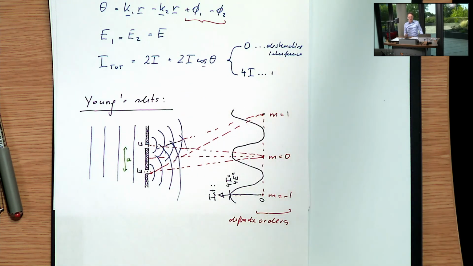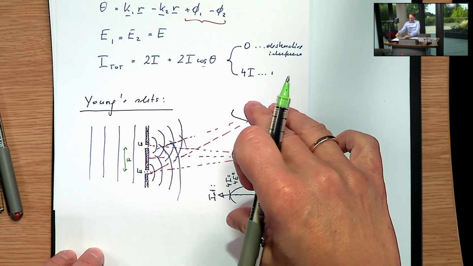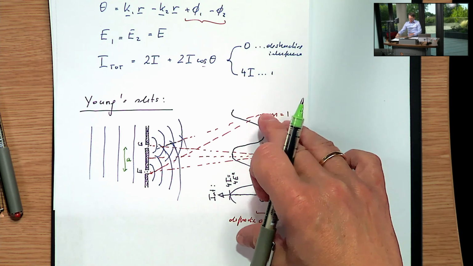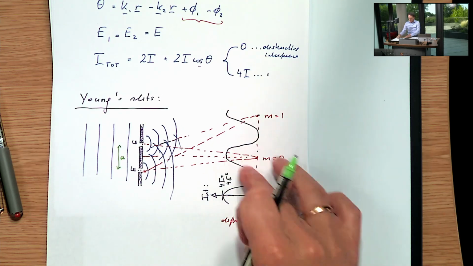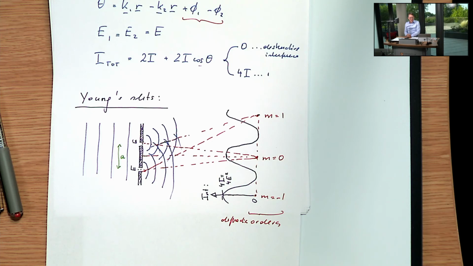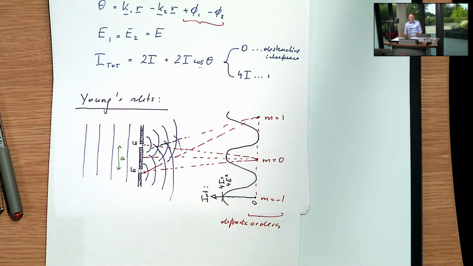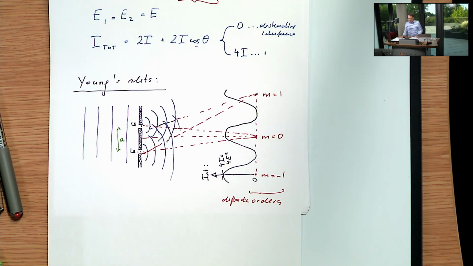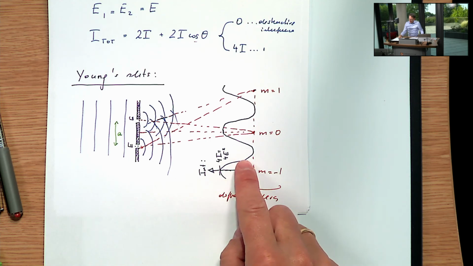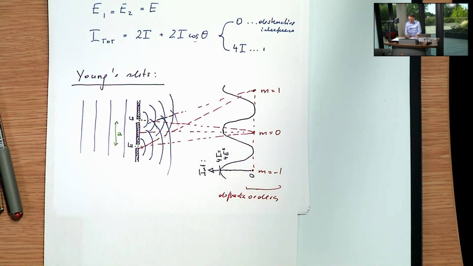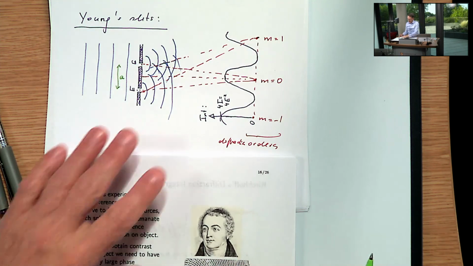What happens to the fringe pattern here? The fringe pattern tells you something about how far apart the slits are from one another. So I want you to think about what happens to the pattern if you change the slit distance, and why.